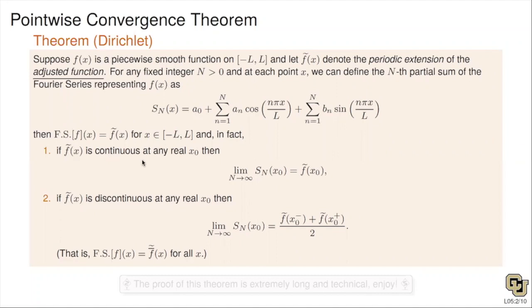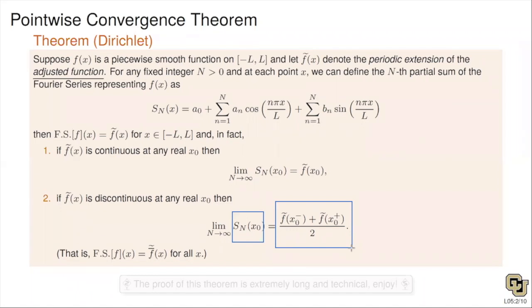So the way the proof works is I want to write the partial sum and F tilde of x naught as integrals, and then look at their difference in an integral, and then use a result called the Riemann-Lebesgue lemma, which is for certain types of integrals. It's for integrals that have a function times a trigonometric function.